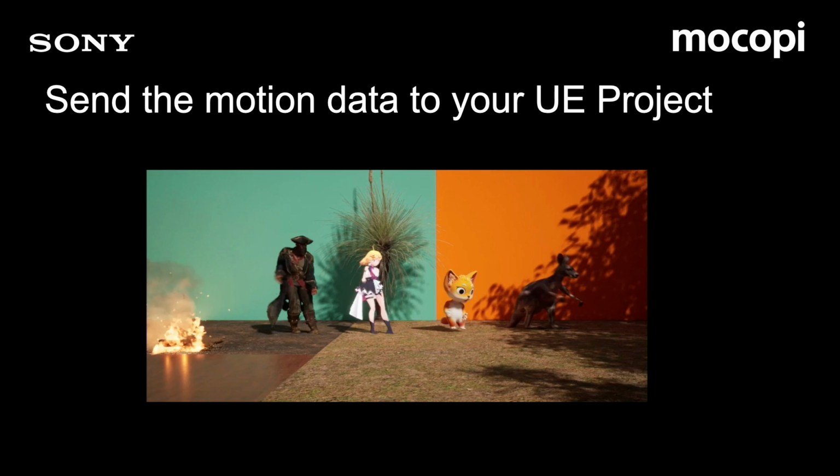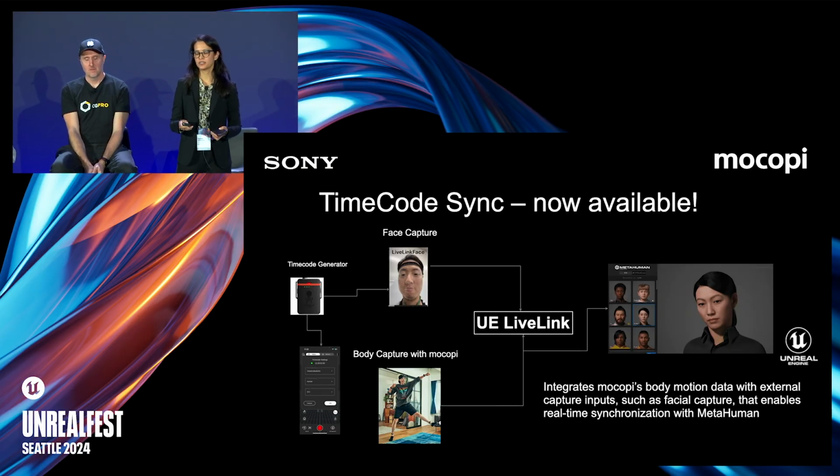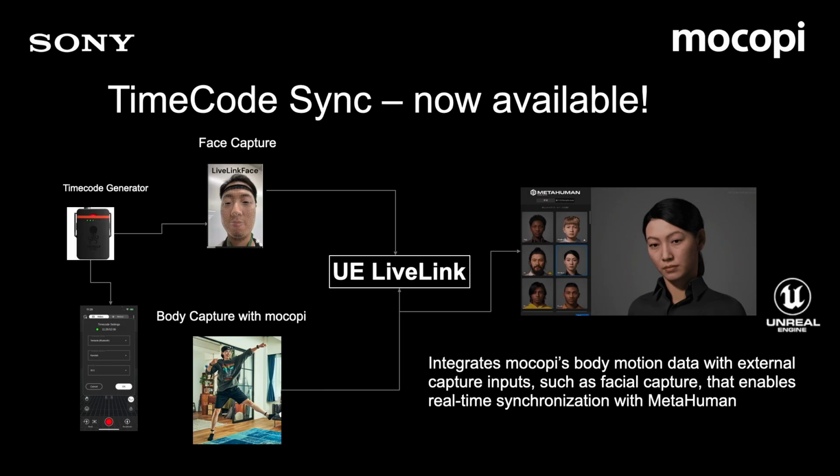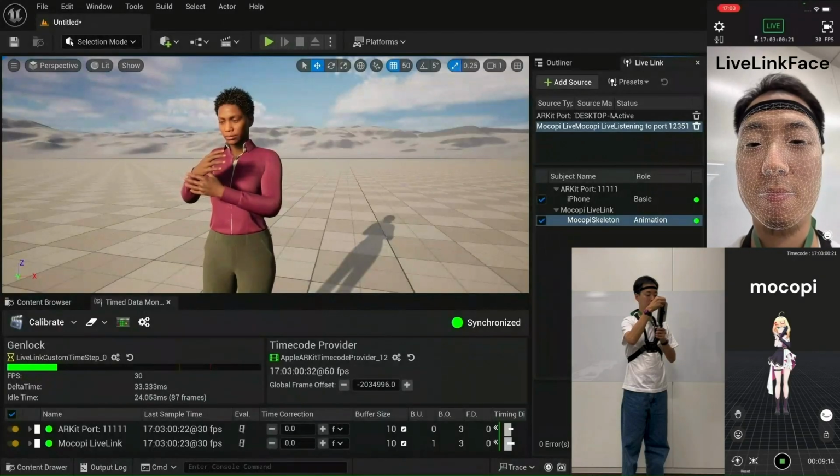Then what we are announcing this week is what we call a time sync code. We are going to do the demo later today. The way it works is you can stream the motion data via Live Link to your Unreal project, and you can have your face tracking send data to the same Unreal project, and use this time sync code to match the data from the face and the body exactly, as you can see in this video.